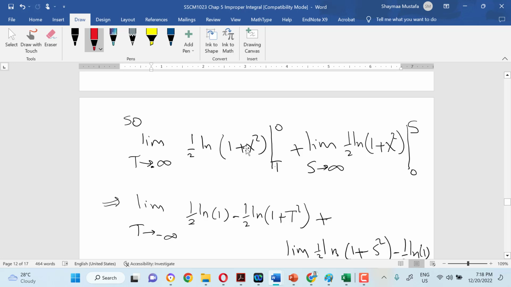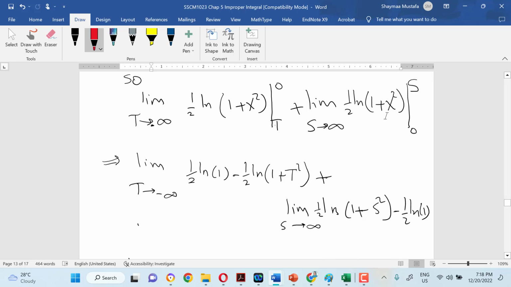I will substitute 0 first, which gives 1 over 2 natural logarithm of 1 plus 0, which is 1, minus the substitution of t, which is 1 over 2 natural logarithm of 1 plus t squared. Plus, for this term, I will substitute s first and then 0, with the limit when s goes to infinity. So this is the first limit, and now this is the second limit.